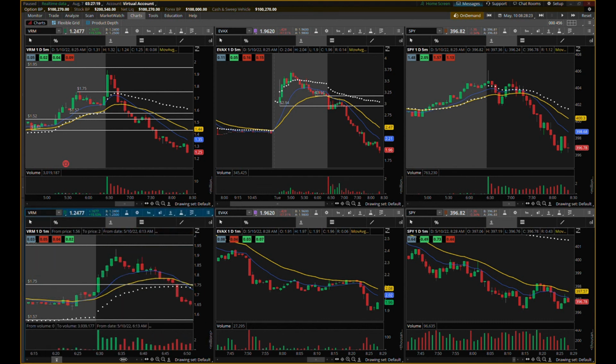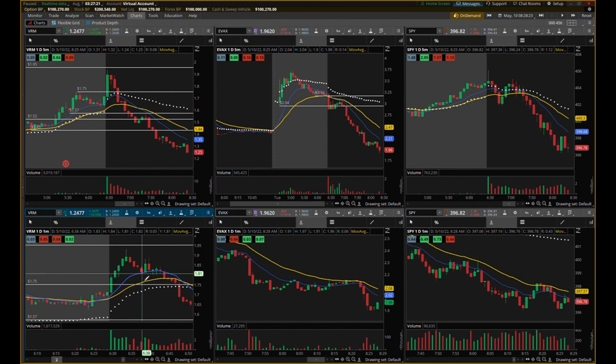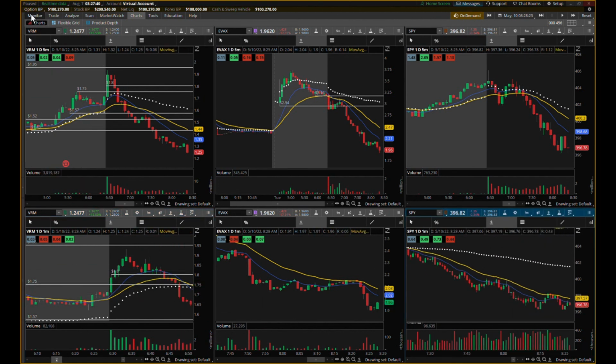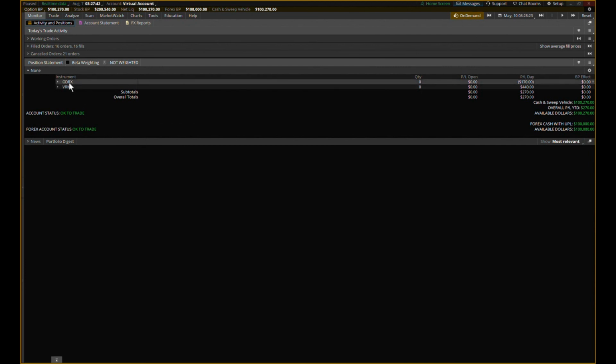And then tried to buy here off of this dip. Would have made $100-something off that. And then I took a loss here. And I think then I took another loss down here somewhere. I thought I took two losses there, and then I had another loss on the stock GDRX.